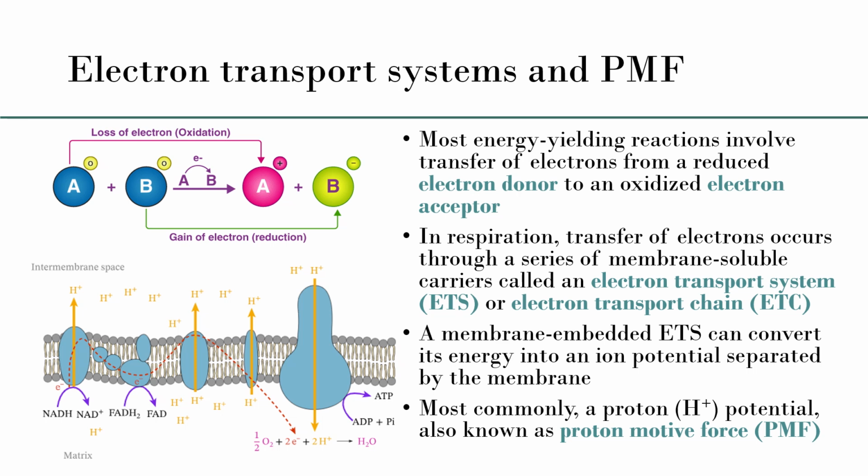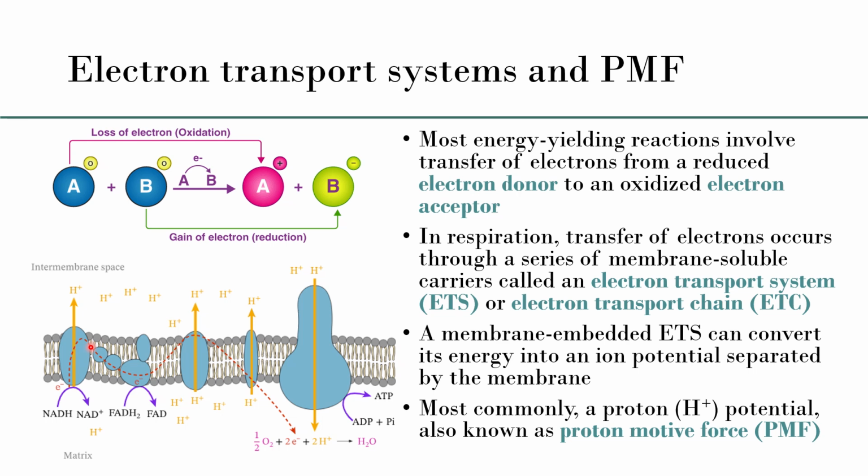The whole process of the electron transport chain is a series of steps where we take an electron donor. This is usually a molecule that is in a very reduced form, and it wants to readily give up its electrons. And then we will pass that electron onto a molecule or a protein that is what we call an oxidized electron acceptor.